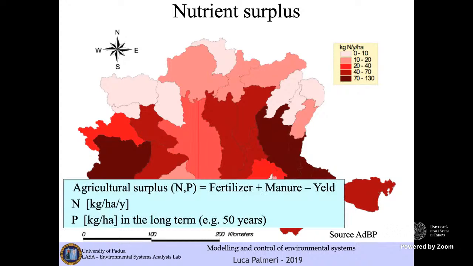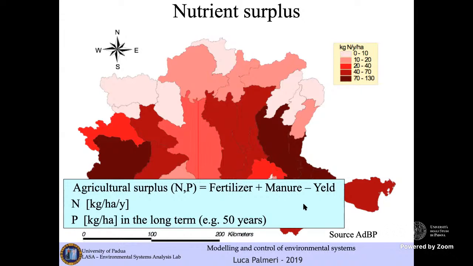And then we employed very rough formulations for estimating agricultural surplus of nitrogen and phosphorus, by saying that the fertilizer plus manure, in kilograms per hectare per year for nitrogen, or kilograms per hectare in the long term for phosphorus, long term meaning 50 years. So we apply fertilizer plus manure minus what is taken away by yield.